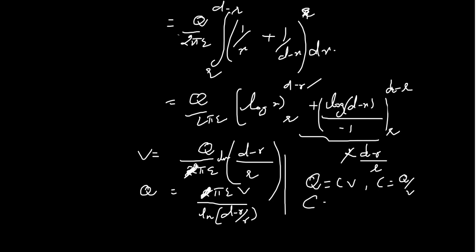So C is equal to Q by V, and the V value will get cancelled, and you will get pi epsilon divided by ln of (d minus r) divided by r, which is farad per meter. So that is the exact equation.